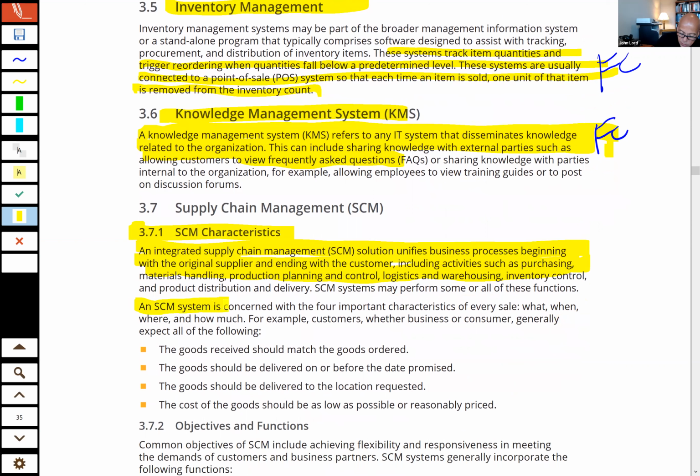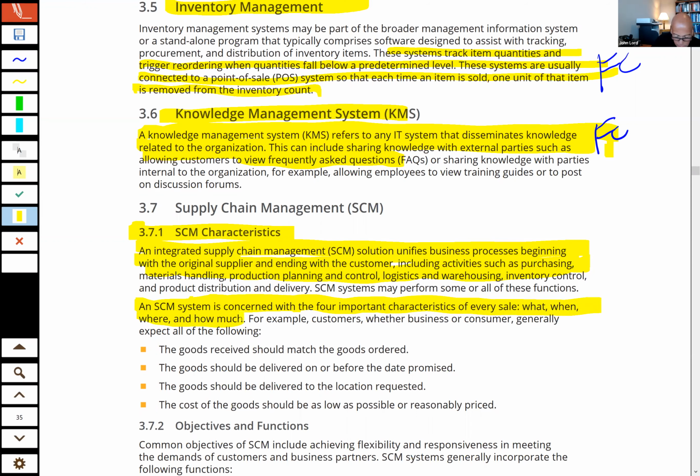A supply chain management system, or the SCM, I guess it's not considered a system, is concerned with 4 important characteristics of every sale: what, when, where, and how much.